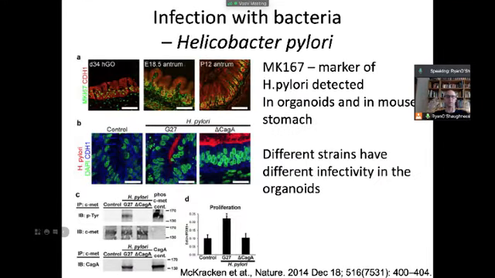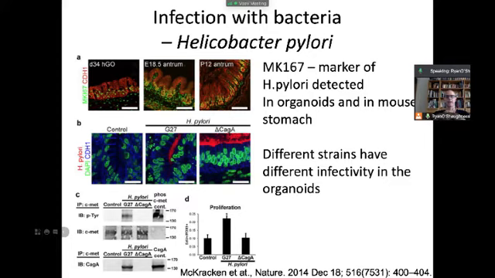Why is this important? Well, there's a very well-known bacterium that infects the stomach called Helicobacter pylori, and this is thought to be responsible for some cases of stomach cancer.